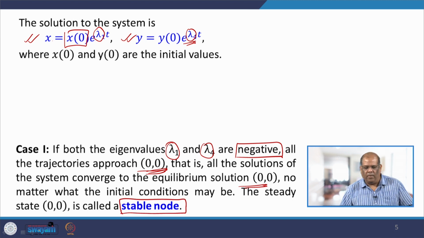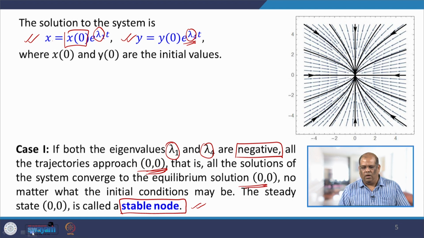So, you have to remember that you have been given a linear system, you find the eigenvalues, and if both the eigenvalues are real and negative, what you get is called a stable node. And this is how it looks.